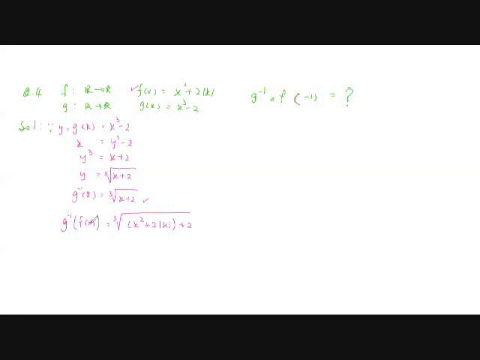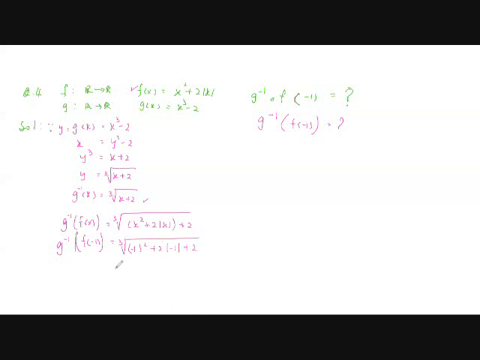Now x equals -1, so we replace x with -1 here: the cube root of -1 squared plus 2 absolute -1, plus 2.